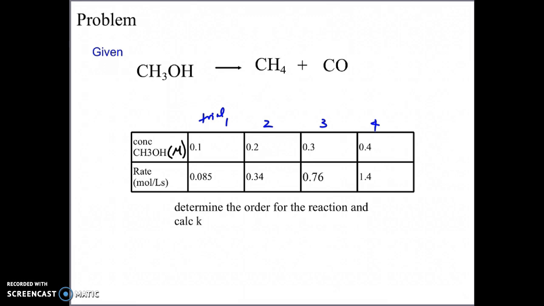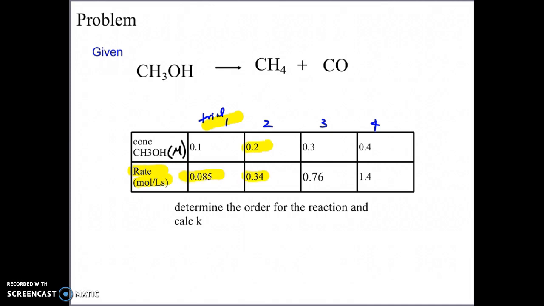Here you have methanol decomposing into methane and CO, carbon monoxide. You'll notice that we have a couple of trials here. We have trial 1, in which we have a concentration of 0.1, and we also have a rate.